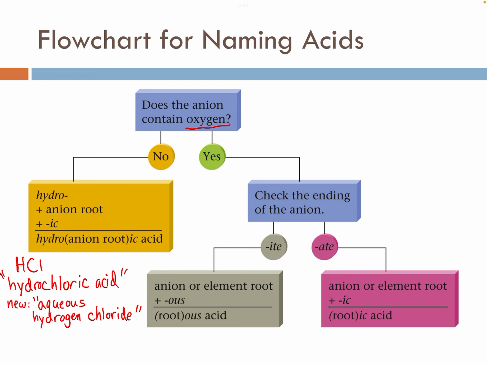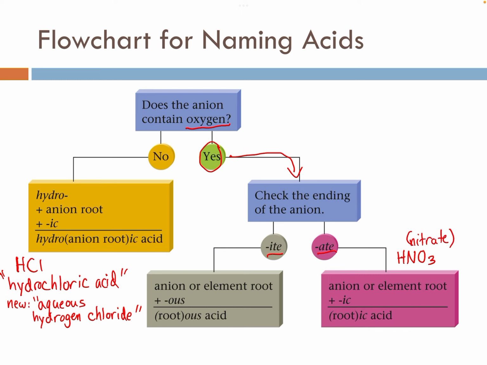If you look at your acid and you say, oh, yes, it does contain oxygen, then we're going to go this way. We have to check the ending of the anion. They're going to be polyatomic ions, and so they're going to end in ite or ate. If that polyatomic ion ends in ate, then you're going to replace the anion or element root with ic acid. So if you have something like HNO3, this NO3 is nitrate.